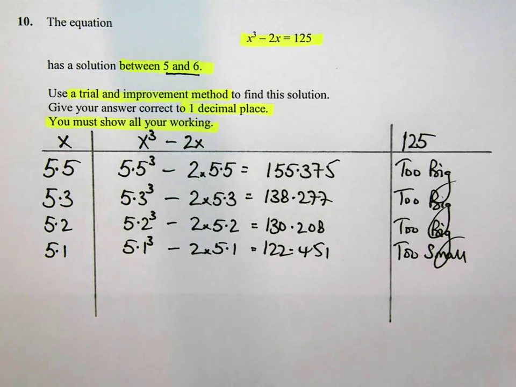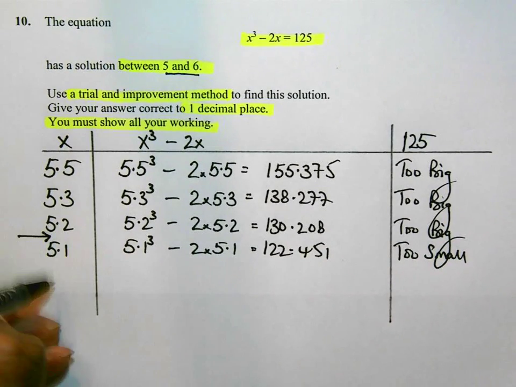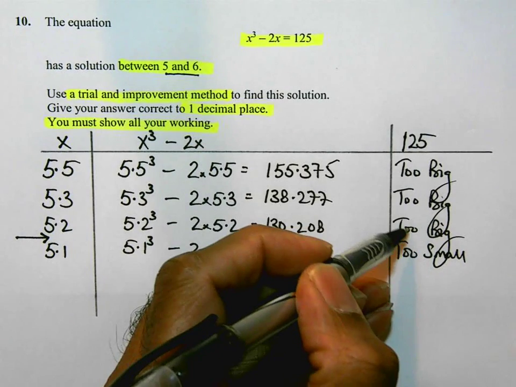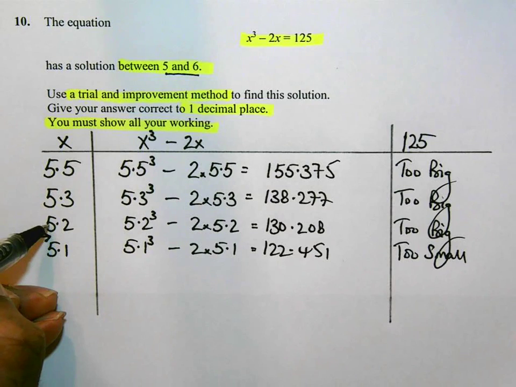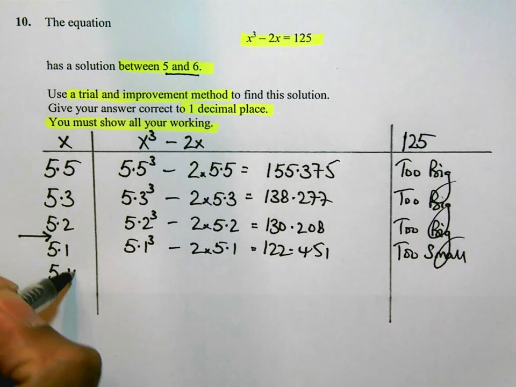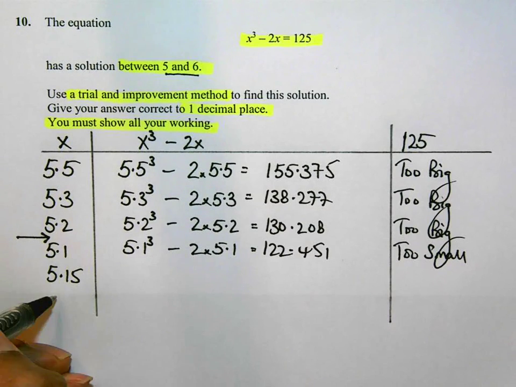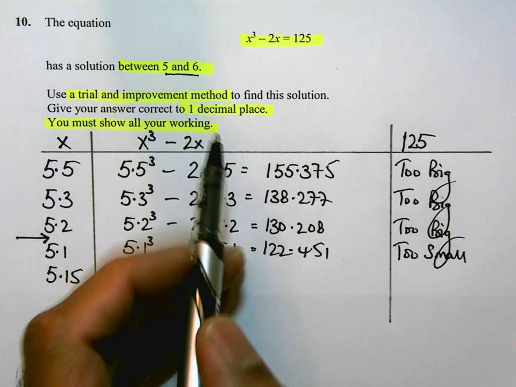Okay, the technique that the examiner is expecting you to do is to identify the number that's halfway between these two, because they change from too big to too small. The number halfway between 5.2 and 5.1 is going to be 5.15. We're going to use this to help us decide which of these two, 5.1 or 5.2, is going to be our answer.